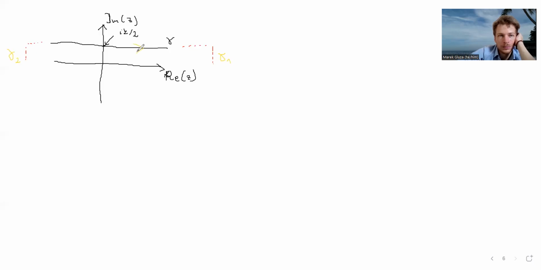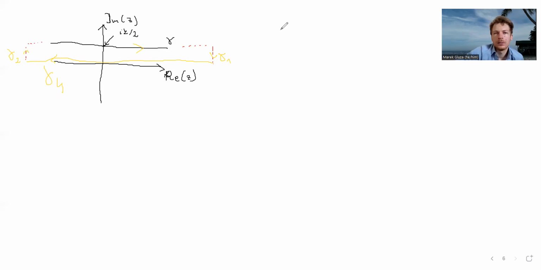So in this path we are going like this, then we will go like this, then we will go on a path that will close it, gamma 4, and here we have gamma 2 going up again, and then closing the contour.